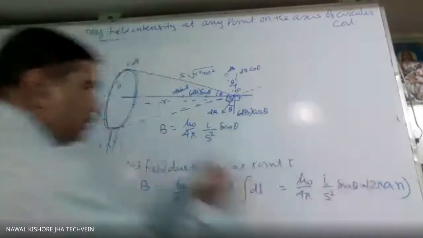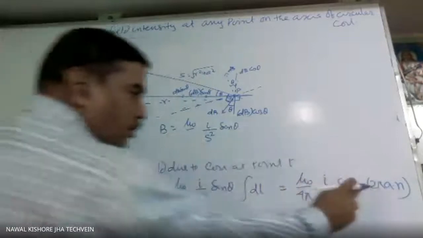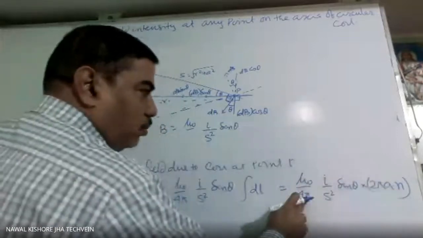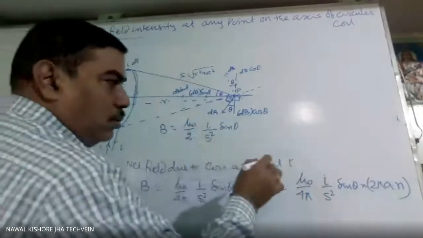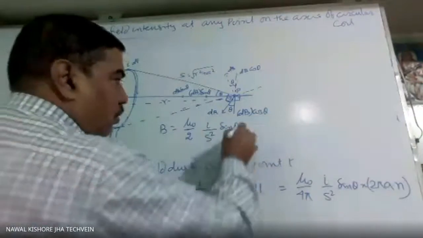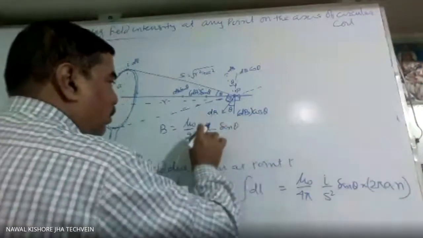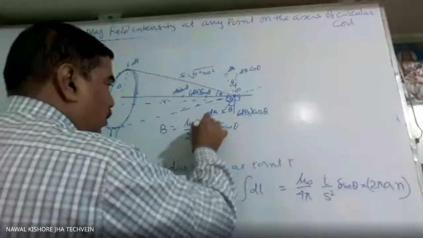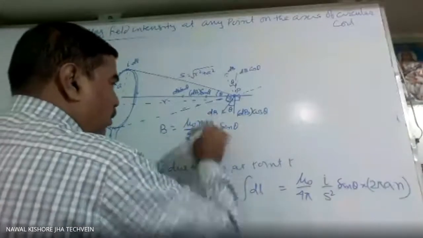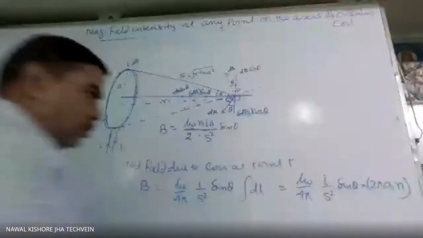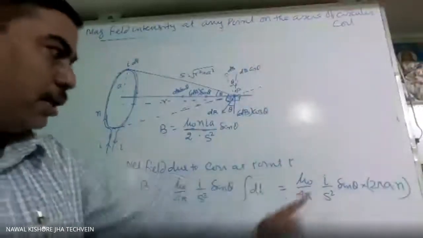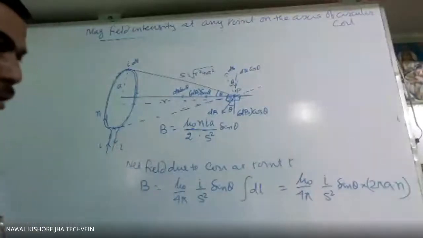Okay, afterwards we'll write I over s square sin theta. 2 pi will cancel 2. Okay, what will come? Will it be this? So mu naught n I a over 2s square.